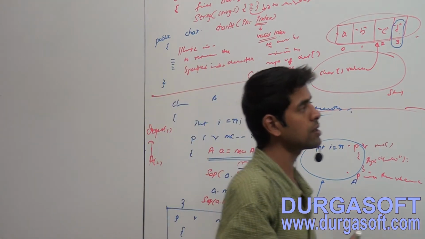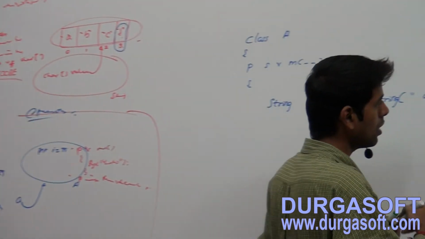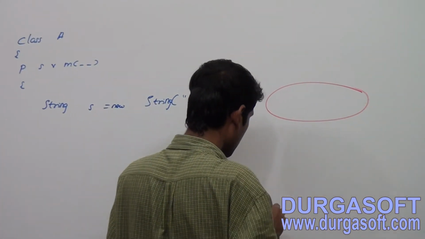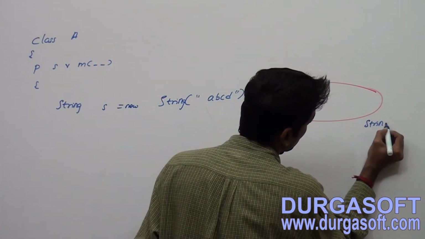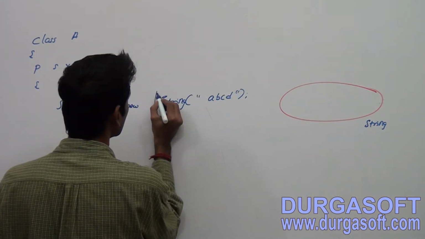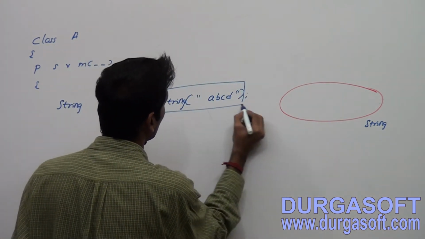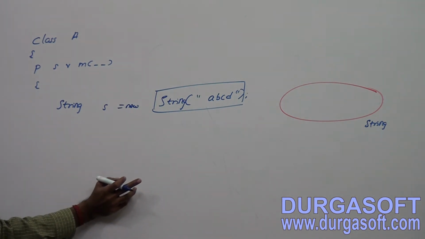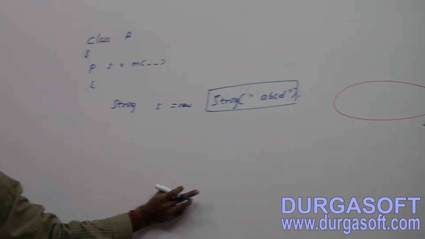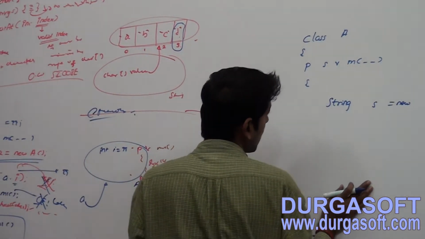Now what happens? Because of the new keyword we created one string object, and because of this constructor, what is happening? I'm calling the String constructor having argument as what? String.